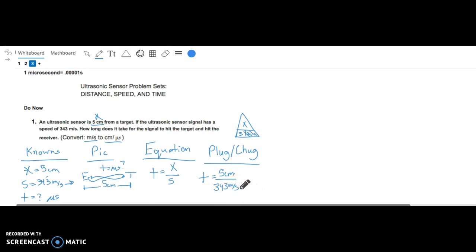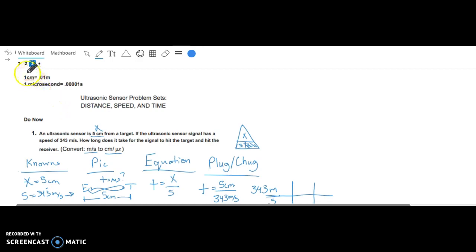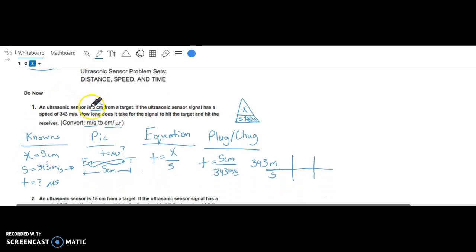So that means we have to change this as well. So we're going to convert 343 meters per second. If we look at the top, we have our conversion factors. 1 centimeter equals 0.1 meters, and 1 microsecond equals 0.00001 seconds.